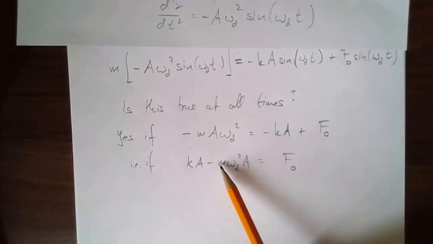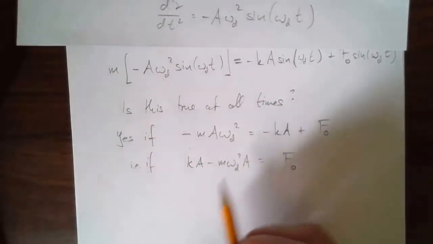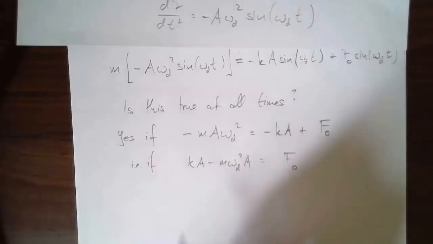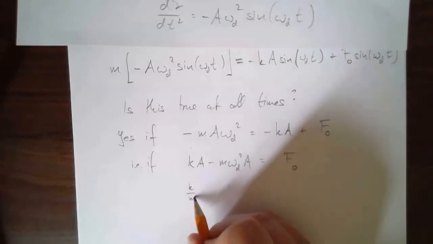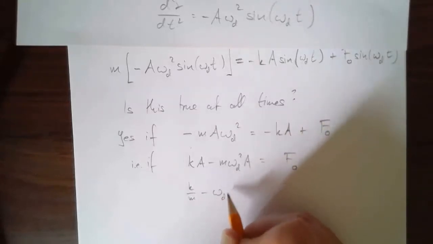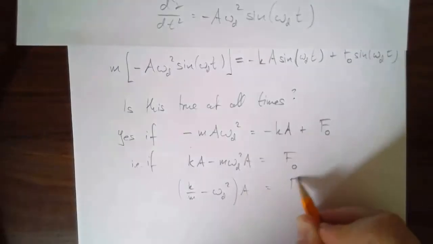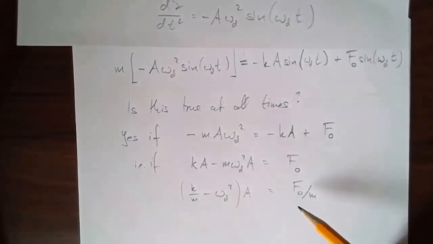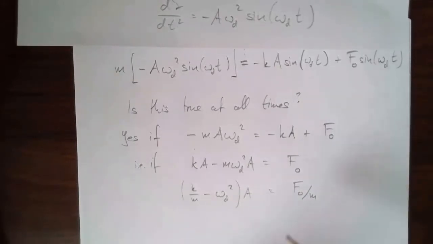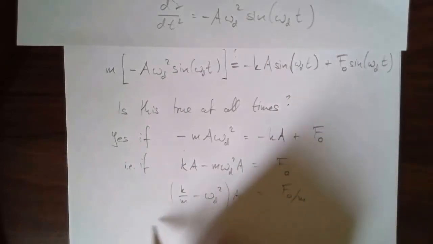I'm going to divide everything by m and factor out the A. So I get k over m minus omega d squared, times A, is equal to F naught over m. M is the mass of the spring, or whatever the equivalent is if the system isn't literally a mass on a spring.